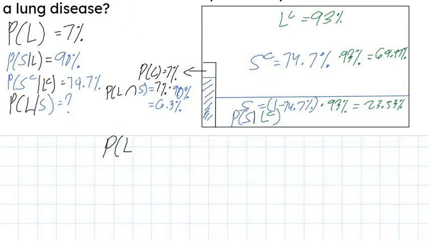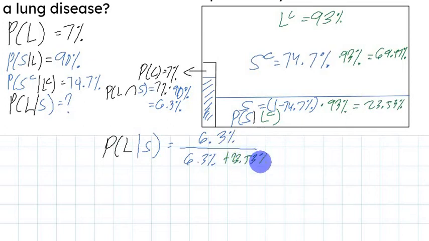the probability that the person has lung disease given that person is a smoker is actually this probability, that's 6.3% out of the total number of probabilities of those people smoking, which would be our 6.3% plus our 23.53%, which will give us around 21.52%.